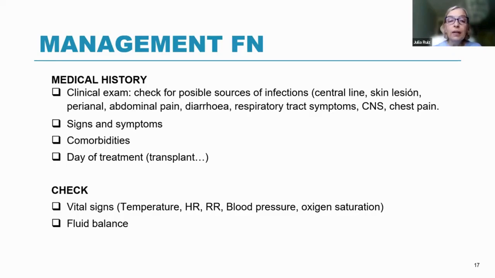Also, abdominal pain. Check if the patient is saying that he has pain, diarrhea, if there are any symptoms of the respiratory tract. See if there are any signs or symptoms around the central nervous system, or if the patient is complaining about any chest pain.